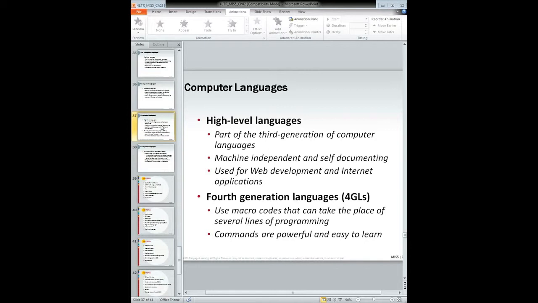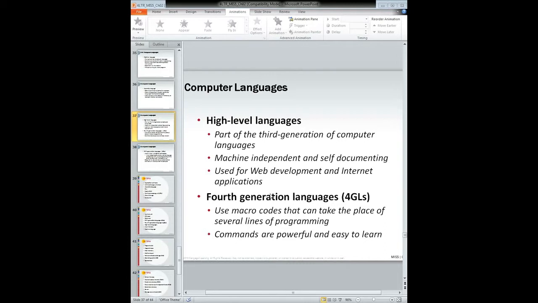These languages are used mostly for web development and internet applications, and they are higher level than the second-generation languages. They are more like English, so they are easier to learn and to code in. Still, there is a lot of syntax that you have to be familiar with.